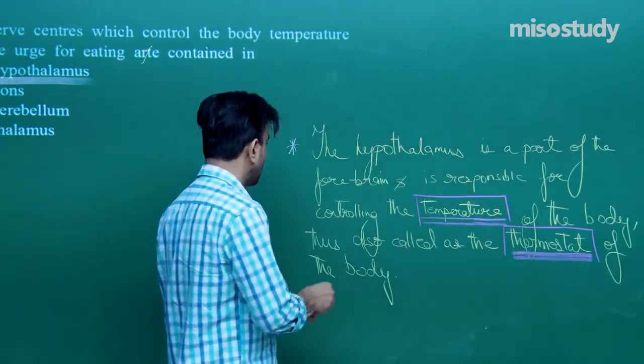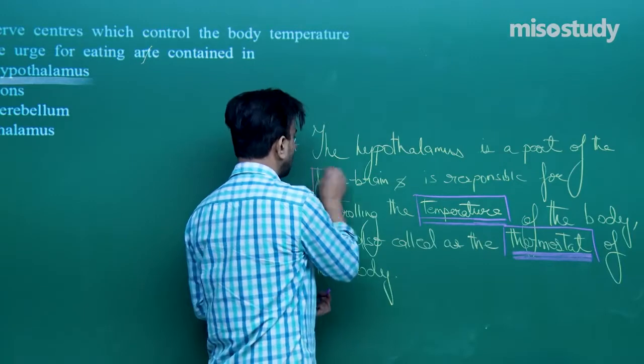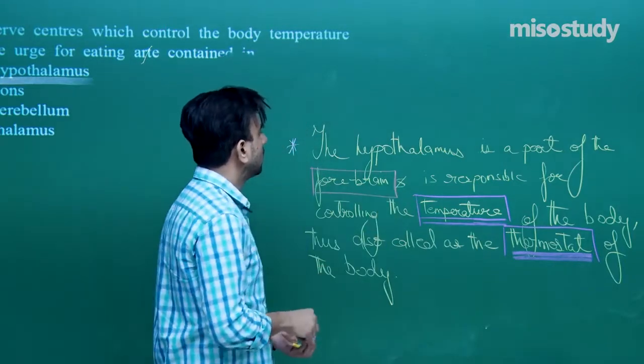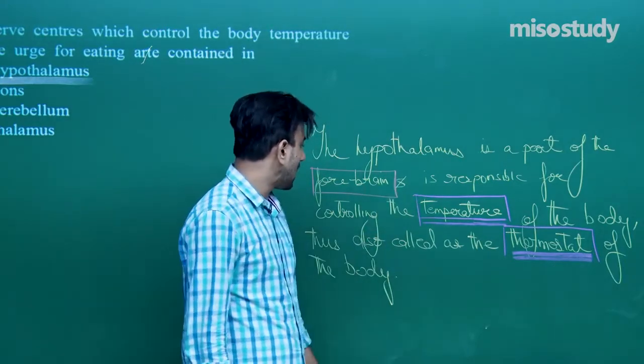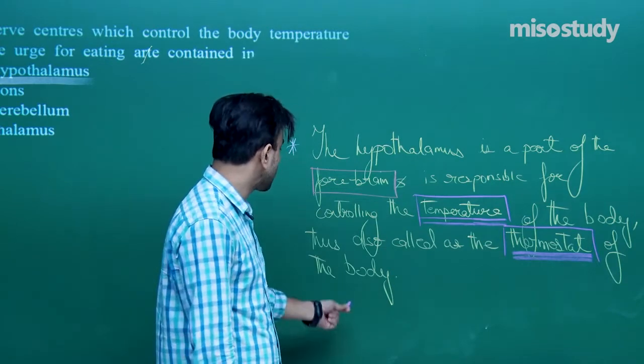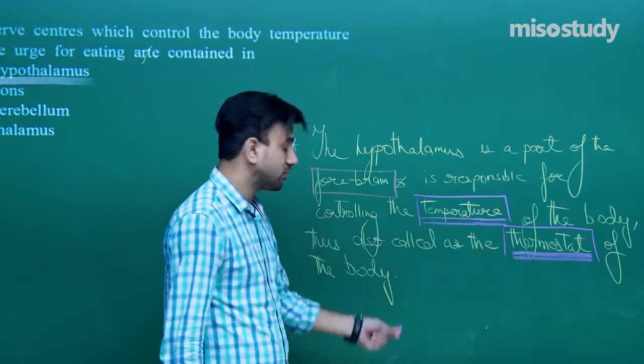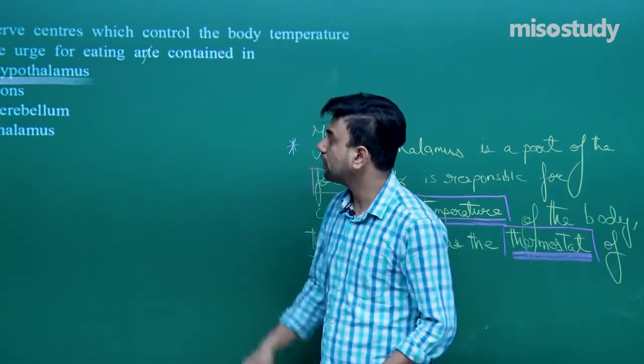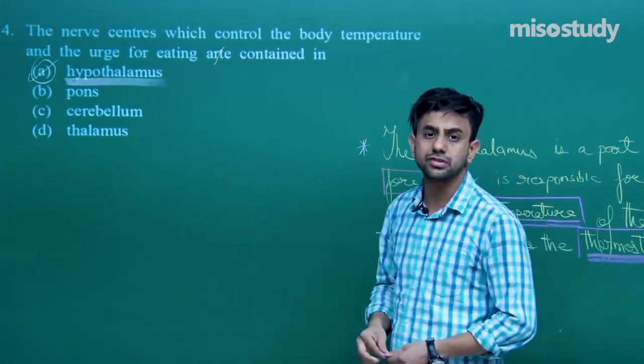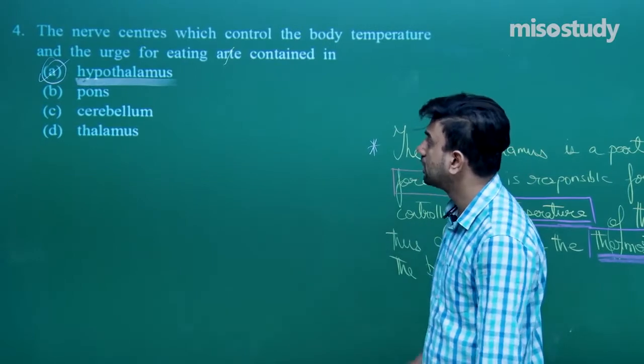Right. So the hypothalamus is a part of the forebrain and is responsible for controlling the temperature of the body, and thus is also called the thermostat of the body. So the correct answer for this would be the hypothalamus, right.